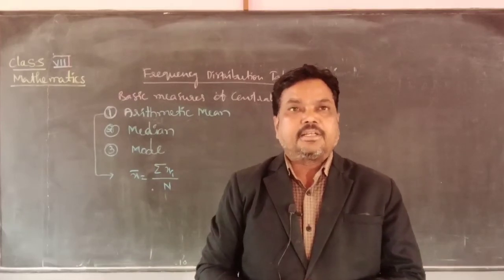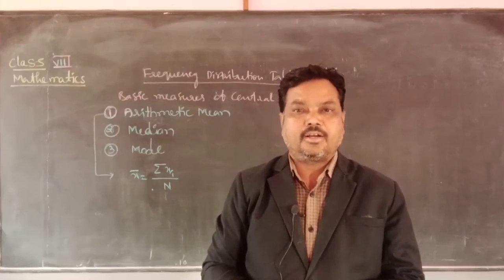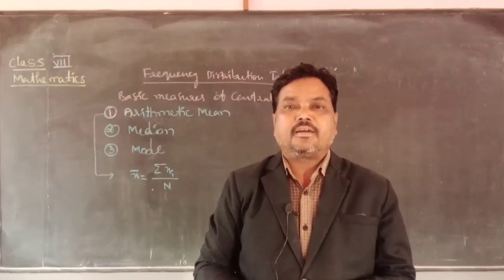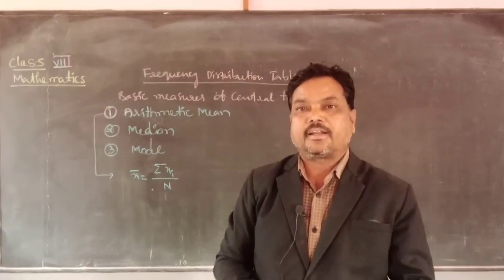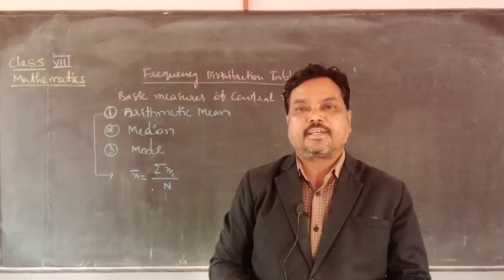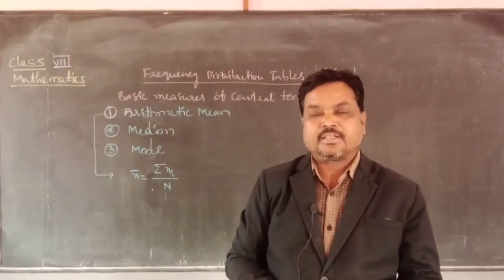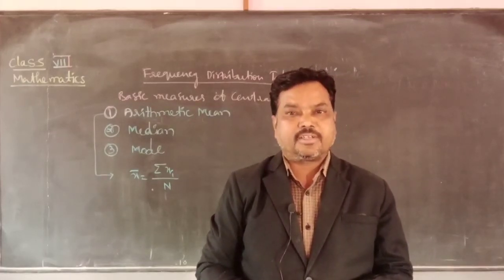In arithmetic mean, we find it for ungrouped data and grouped data. What we generally did in earlier classes is called the average also. Already we know the formula of average: sum of the observations by number of observations.